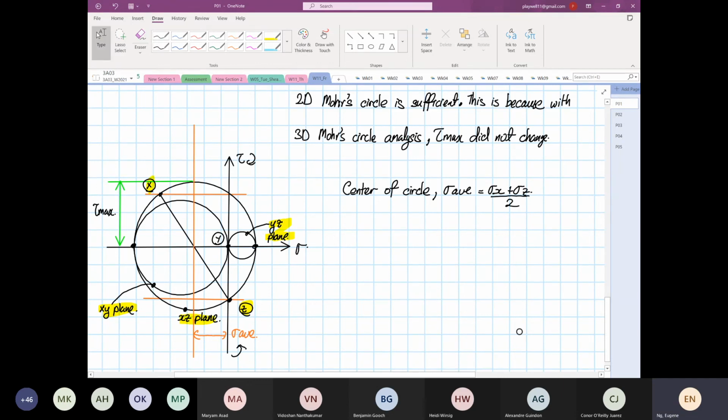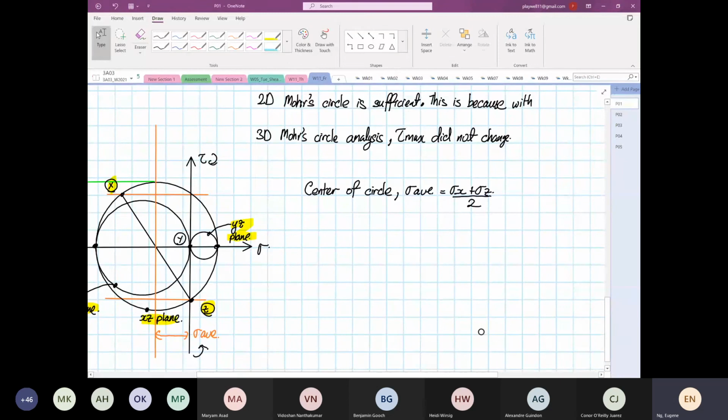We know that stress Z is equal to 0, and then we come out to have stress X over 2. I'm just using the notation that the textbook used, and we're going to let this equal stress M divided by 2.